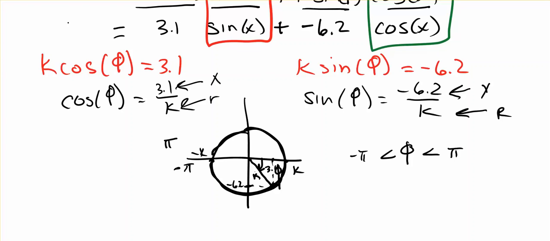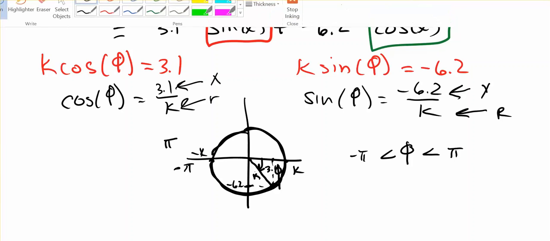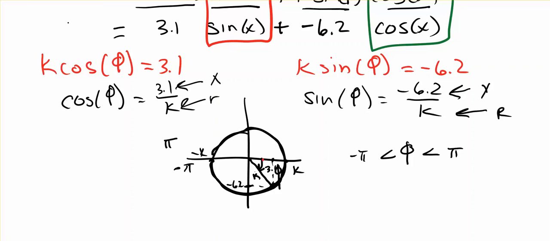And if we wrote this angle here, our phi angle, let's make it more visible. This is our phi. If we made phi the positive version of this, it would be more positive than pi. So as the negative angle, it actually works better.